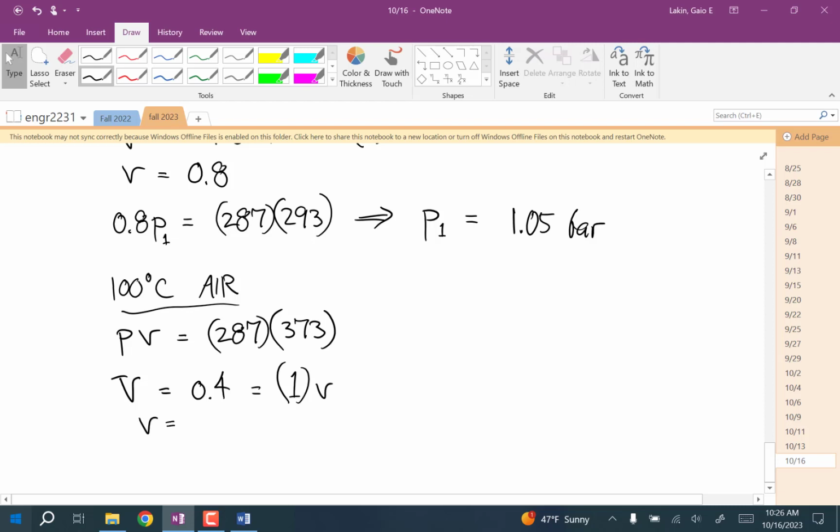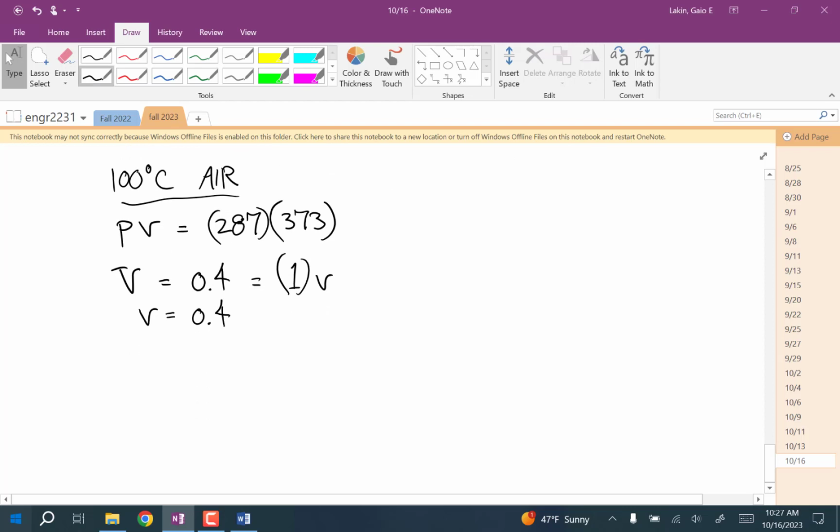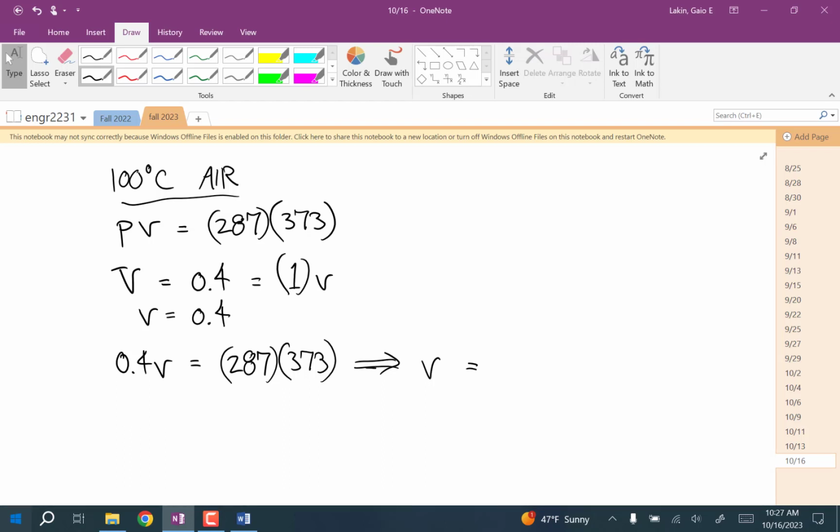So the specific volume is 0.4. And so 0.4 P is equal to 287 times 373. And what do you get for the pressure there? 2.68. Yes, 2.68 bar.